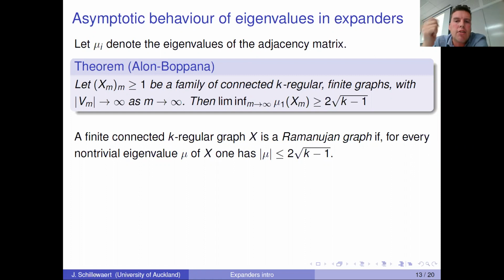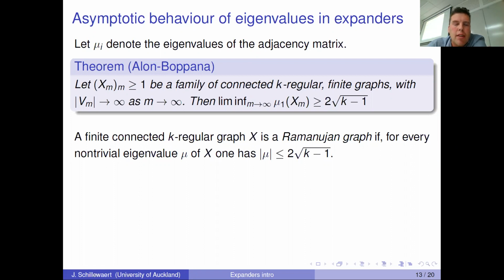This theorem tells you that there is a limit to this. You can't expect that this second one is going to go all the way down to 0. It's going to be at least 2 times root k minus 1. So you have your k, and then you have the second largest one. You want to maximize this gap. Alon-Boppana puts a limitation to this. And these Ramanujan graphs are going to be the ones that are optimal in this respect.